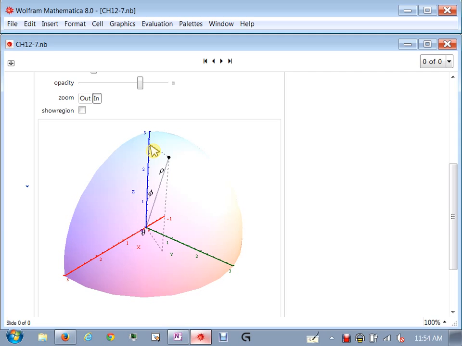Then couldn't I point this way and let my phi swing all the way backwards like this? See what I'm saying? I could get there also. So we put a restriction on phi so that it never swings back around. Our phi is always going to be between 0 and straight down, which would be pi. Does that make sense? That way you're never going around to the other side into these other octants.